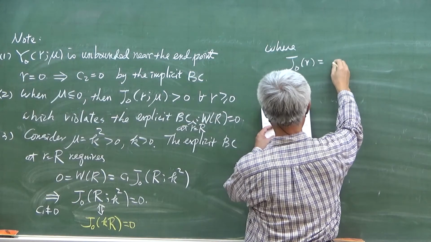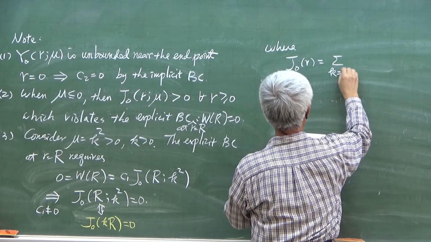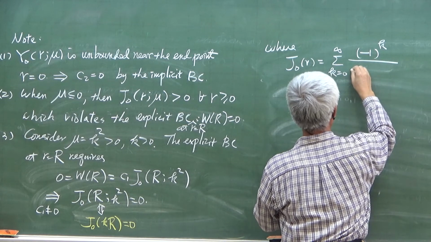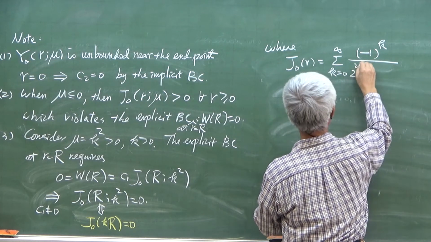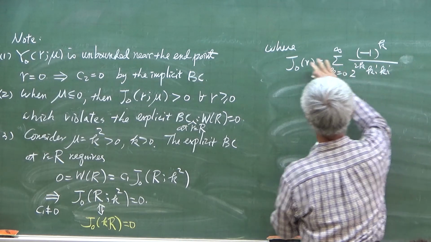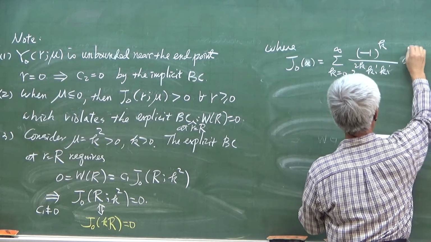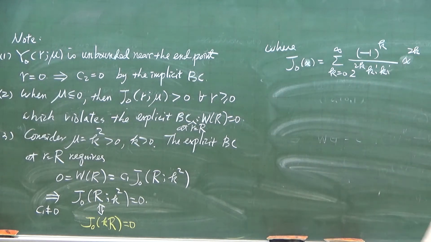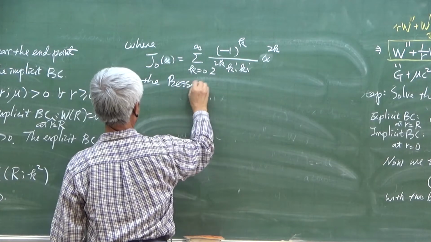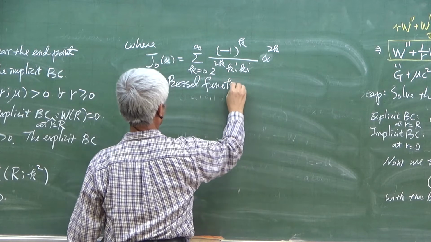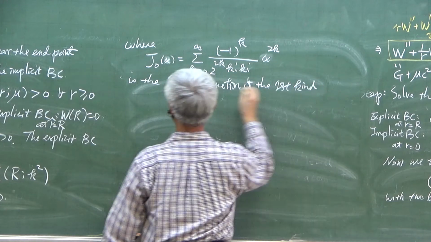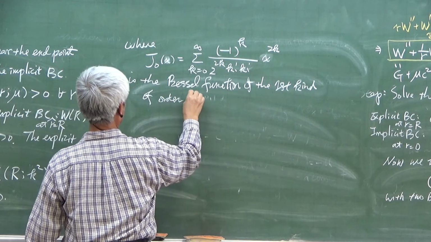J0(x) is equal to the summation from k equal 0 to infinity of (minus 1) to the k over k factorial times k factorial, times x to the 2k. Okay, so this is the Bessel function of the first kind of order 0.